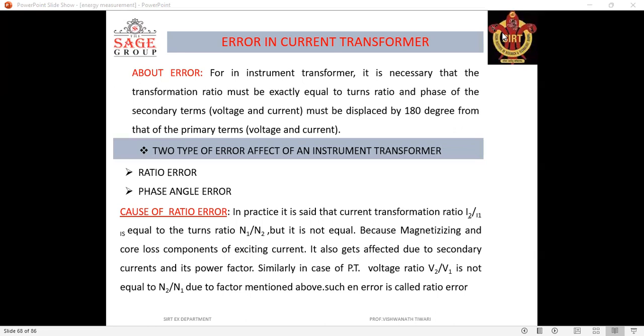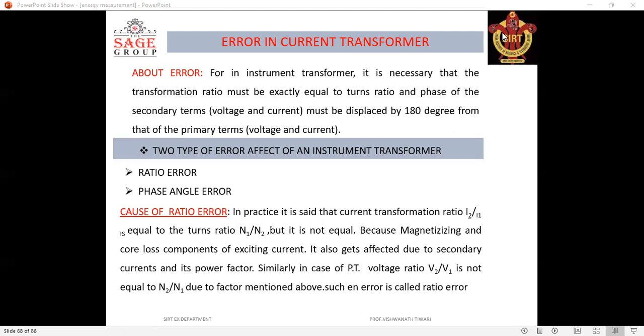We define the transformation ratio K equal to E1 by E2, equal to N1 by N2, equal to V1 by V2, equal to I2 by I1. So the transformer is affected by two types of error.